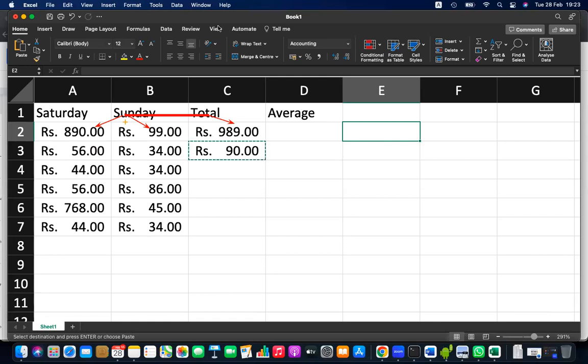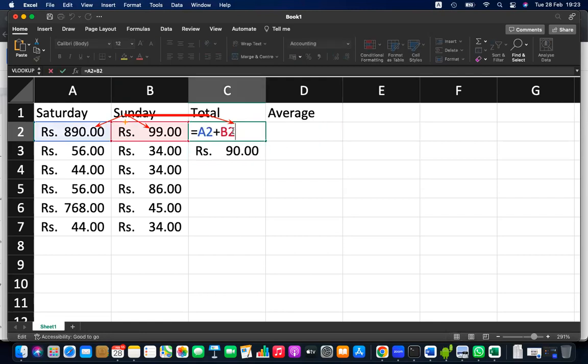Think the same way. Still no one has answered. One has answered, but putting it to E2 is wrong. If I paste this to E2, so think, if it is in C2, what does it consider?